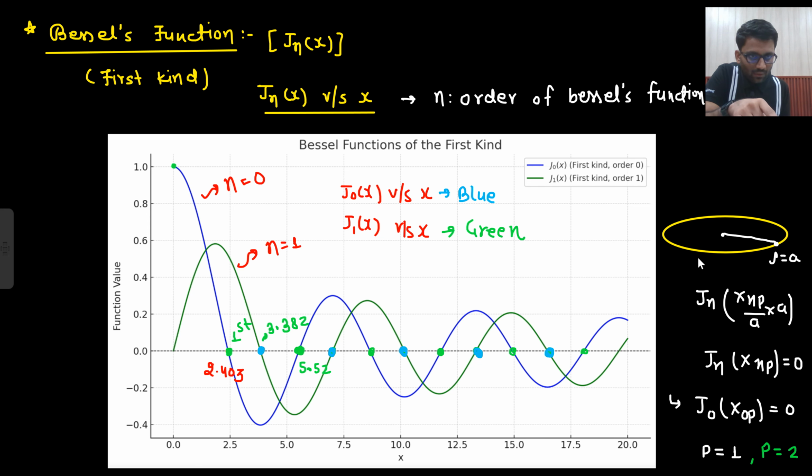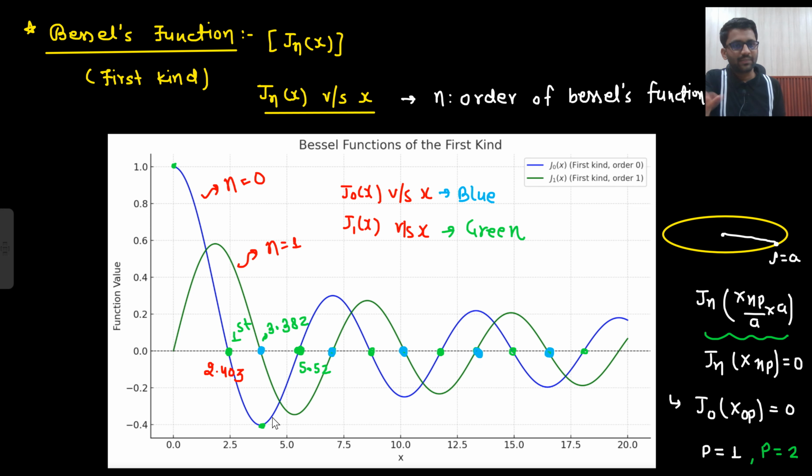So in your complete circular waveguide, you are getting 1 zero, 2 zeros and 1 maxima, 2 maxima. This is maxima only, because if you take the magnitude of Jn x'np by a into r, it makes a standing wave pattern. If this is making a standing wave pattern, then you need to take the magnitude of this one. So actually this is maxima only.